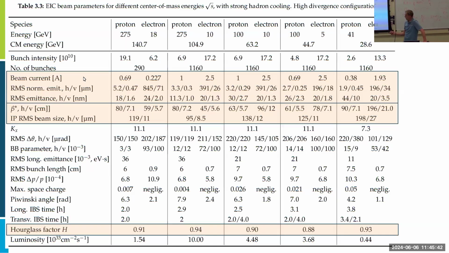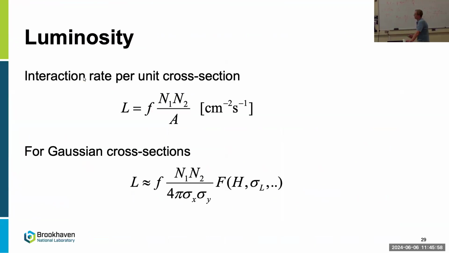Of course, it's really easy to write down all the numbers so that you get 10 to the 34, but in reality this is a really difficult task. By definition, the luminosity is simply the interaction rate per unit cross section. So if you know the cross section you are interested in, let's call it a microbarn.